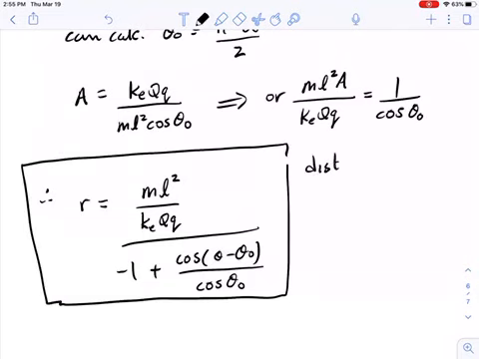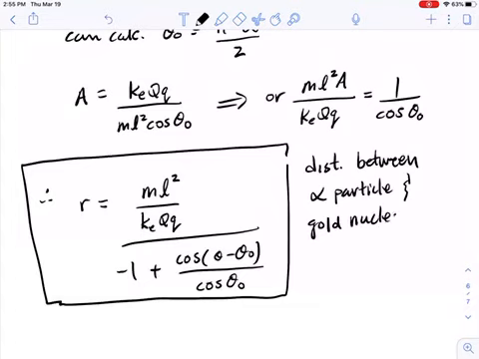So this is the distance between the alpha particle and the gold nucleus as a function of theta.